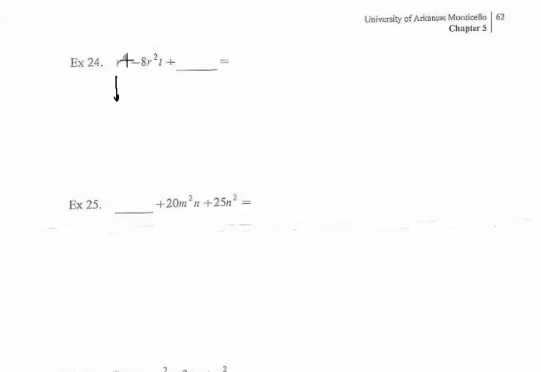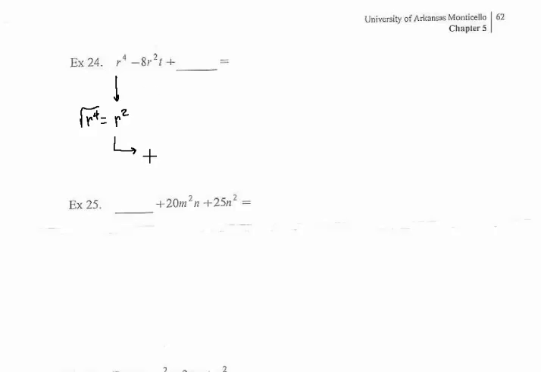So we look up here, and it turns out that r to the 4th is a perfect square, and so we're going to write the square root of r to the 4th is r squared. Okay.